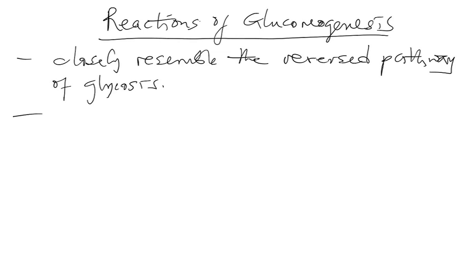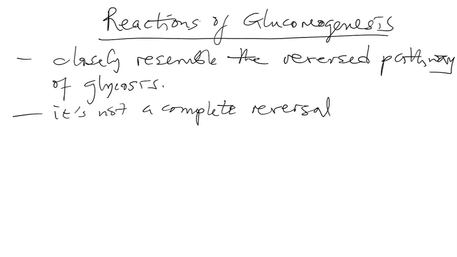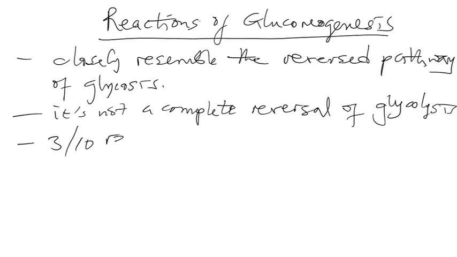However, it is not a complete reversal. This is because certain steps in the glycolytic pathway are not reversible. So 3 out of the 10 reactions of glycolysis are irreversible.